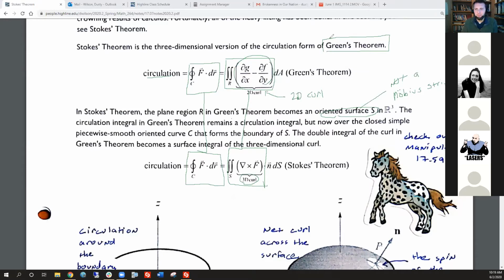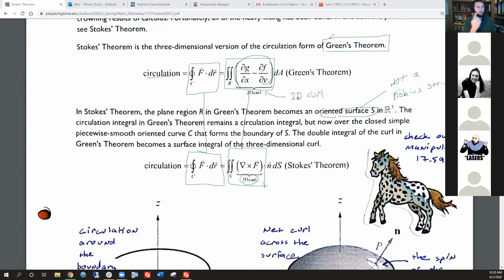Questions about that? 3D curl. Remember the curl is giving us some sort of a measure of how the vector field is rotating at a point. Is that kind of like eddy currents, where you have a three-dimensional thing moving around? Yes, except an eddy would actually be over a surface.